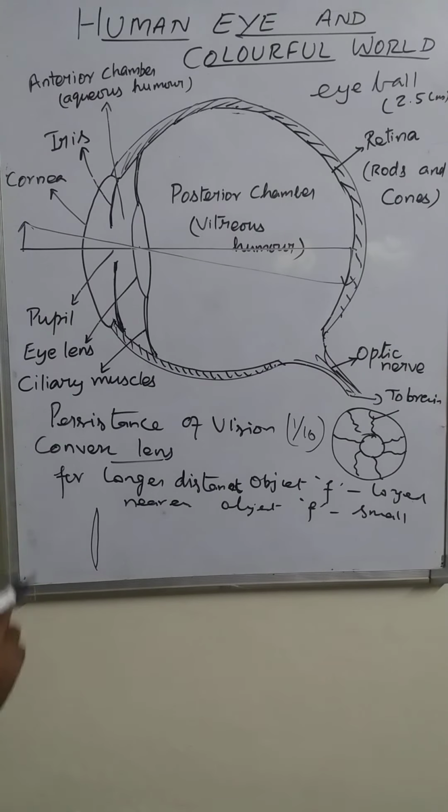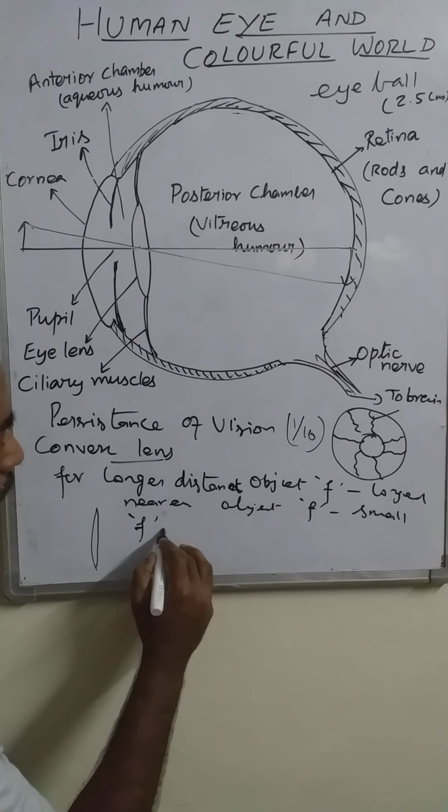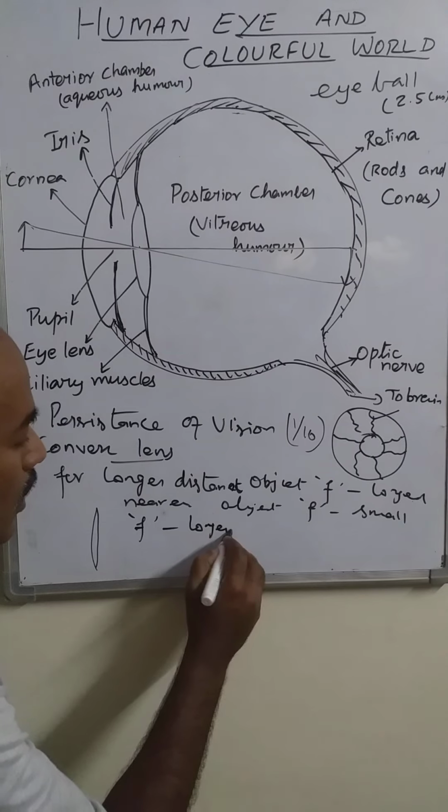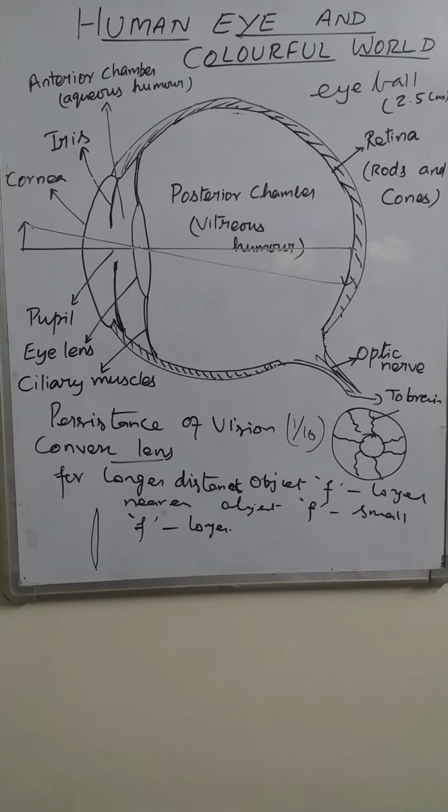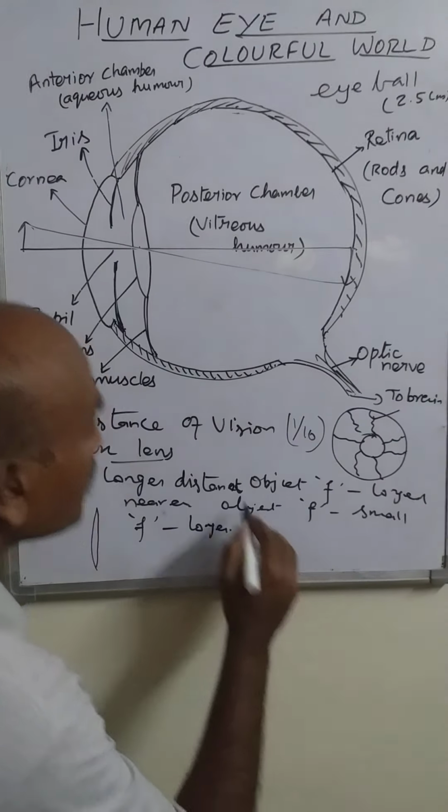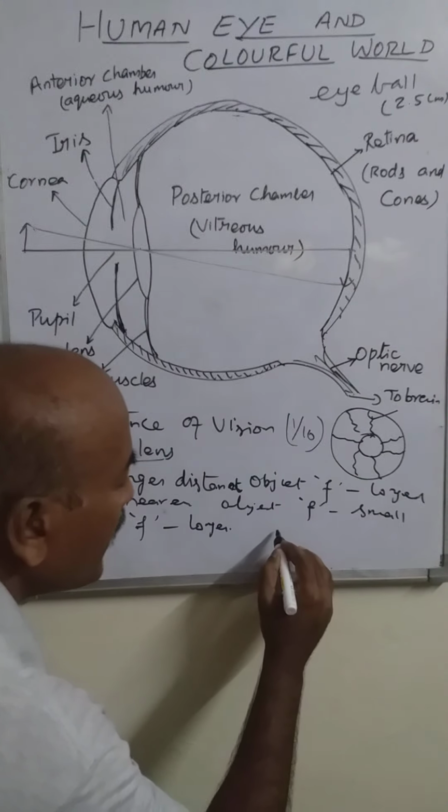If the lens is thinner, the focal length is long. When the ciliary muscles contract, the lens becomes thicker.